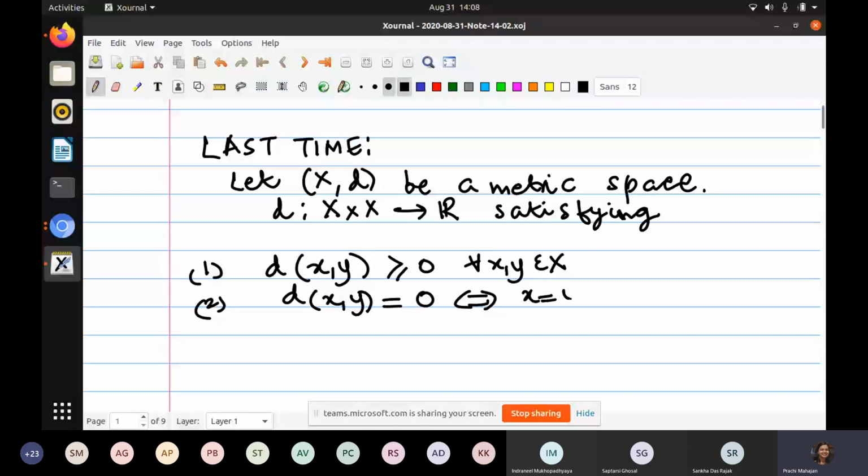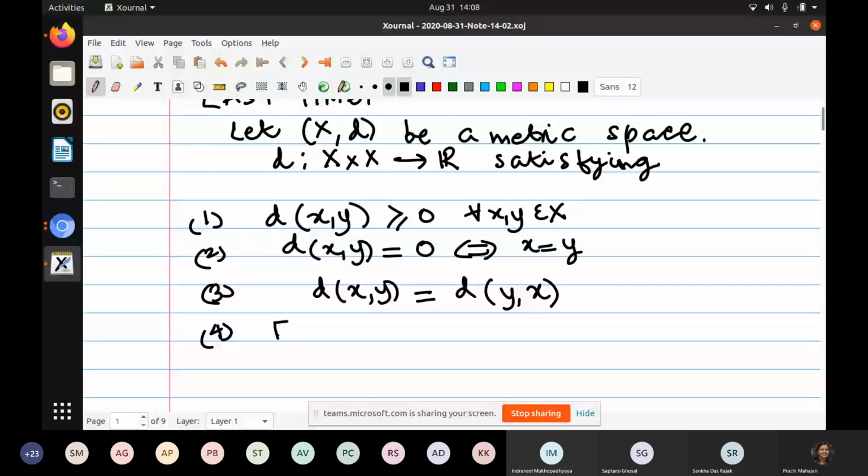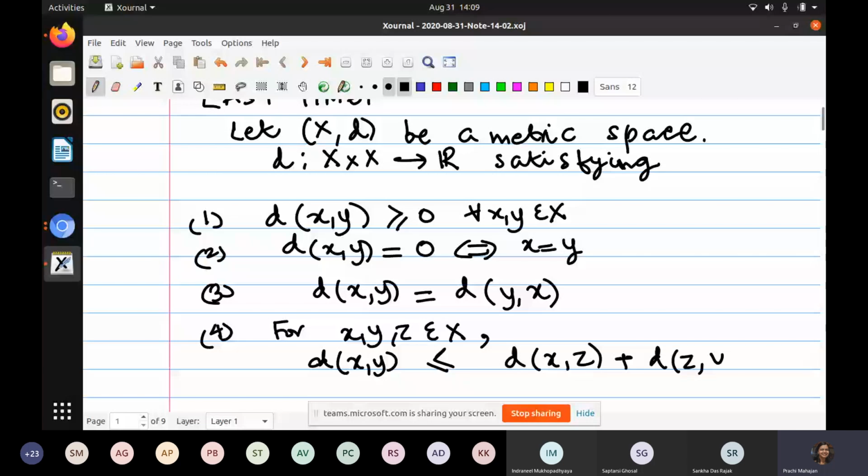Three, the distance between x and y equals the distance between y and x. And the last one: for x, y, and z in X, the distance between x and y is always dominated by the sum of the distance between x and z and z and y.